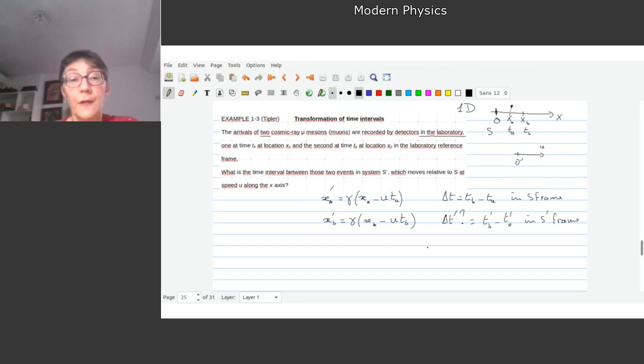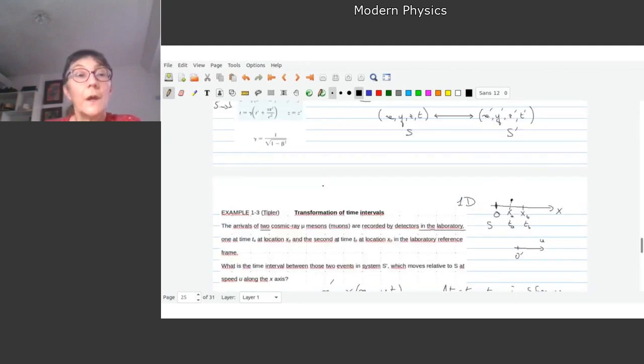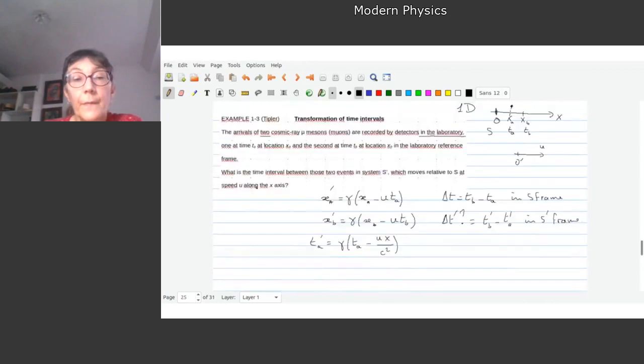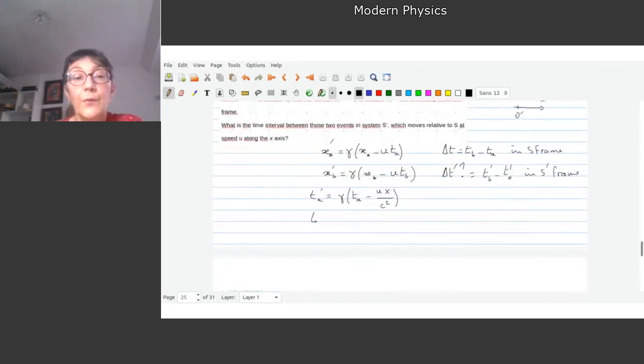So you can write here also t prime a equal to gamma times (ta minus ux over c squared). Well, this is what we have here. You write t prime b equal to gamma times (tb minus ux over c squared). These are the same events.